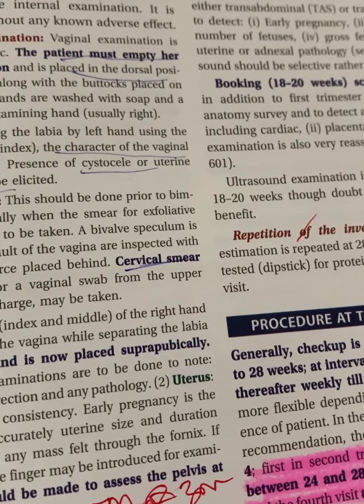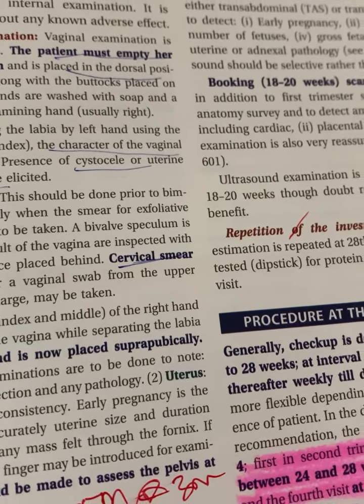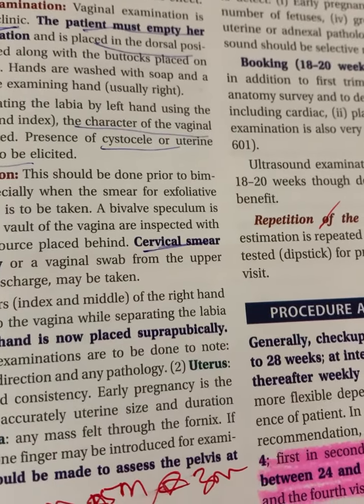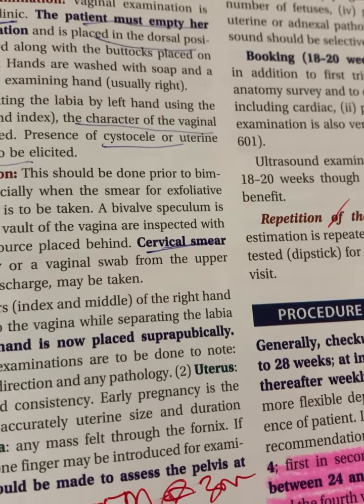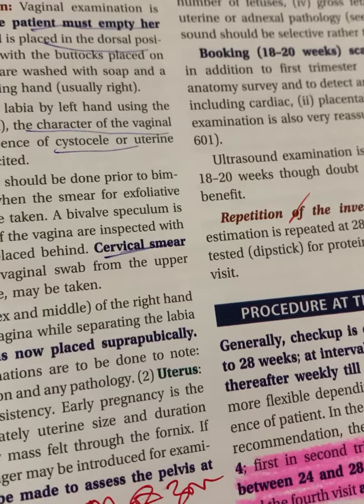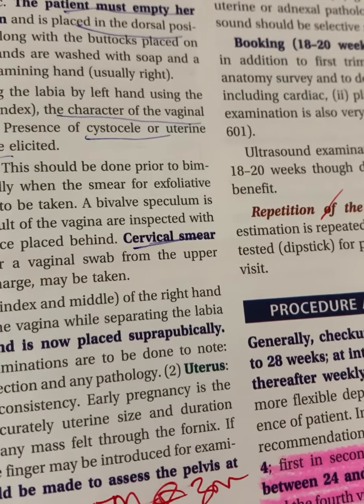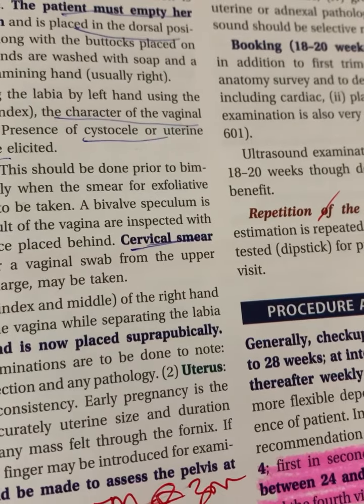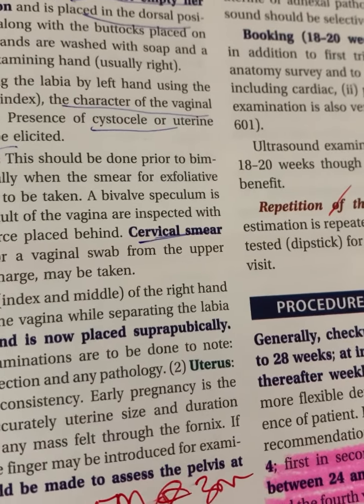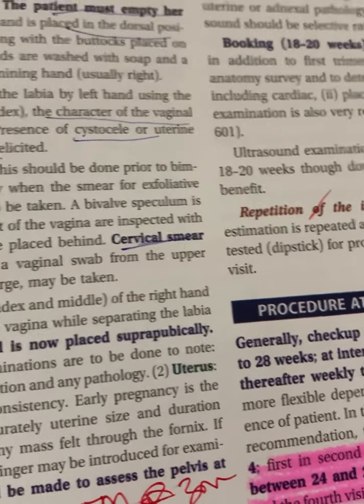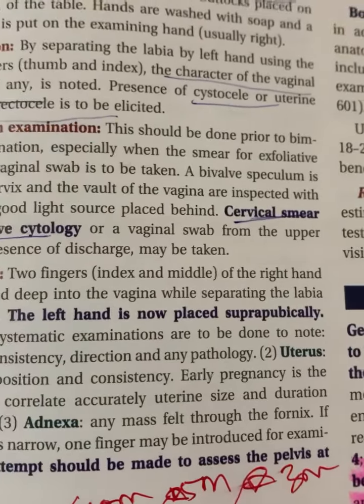Blood pressure is checked at the first antenatal visit, and then after that at 24 weeks. For urine examination, a midstream clean-catch sample is collected. Cervical cytology is done, so a pap smear is done.